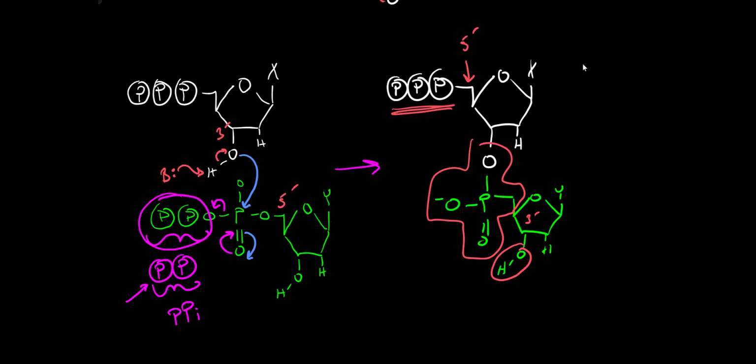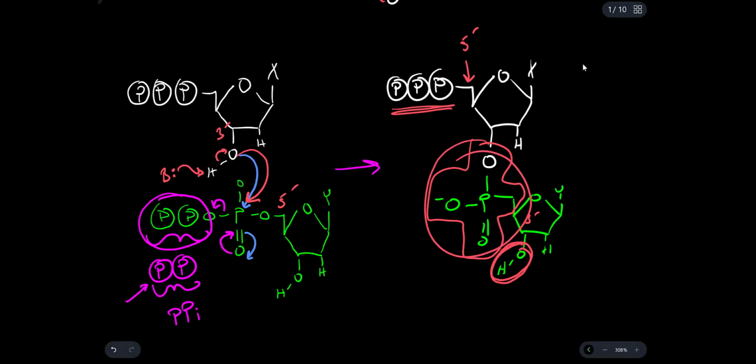So this 3' hydroxyl group could then serve as a nucleophile to initiate another attack onto another nucleic acid. So we have a reactive 3' hydroxyl group that can serve as a nucleophile to then continue the polymerization process, ultimately resulting in long polymers of DNA where each of the nucleic acids are linked together by a phosphodiester bond.